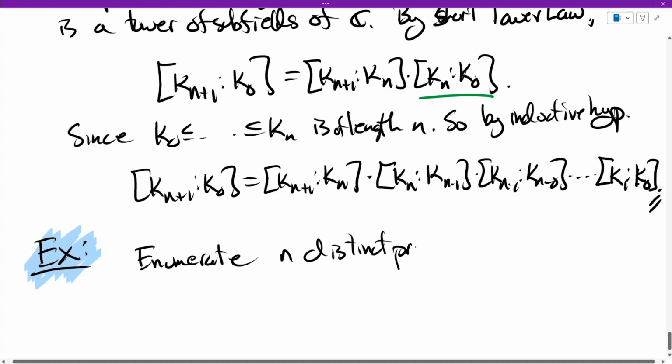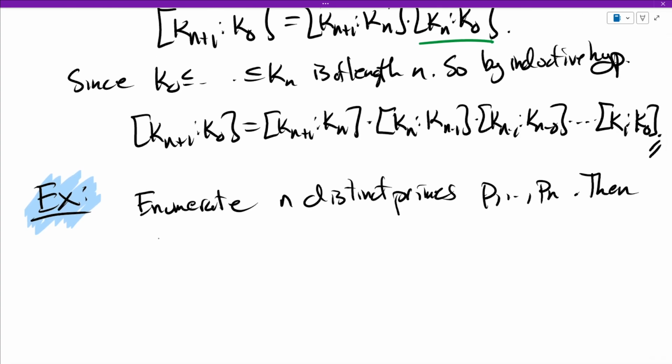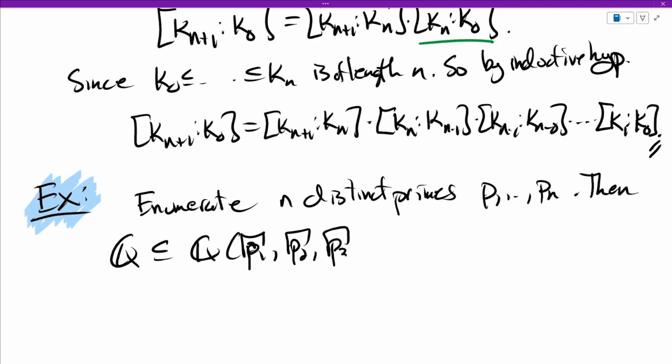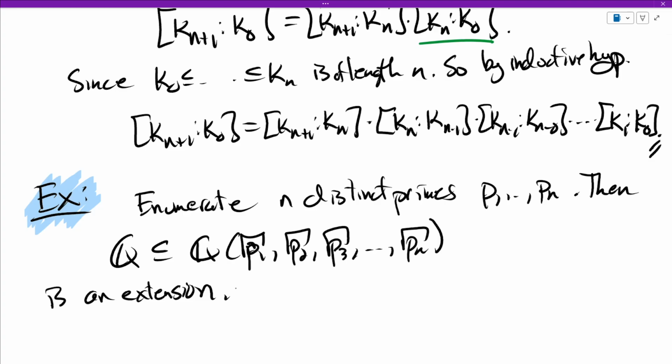So pick your favorite n primes, p1, through pn. Then we have an extension, right, where we take Q sitting inside of Q adjoin root p1, root p2, root p3, all the way up to root pn. So this is an extension. And we might wonder what is its degree?